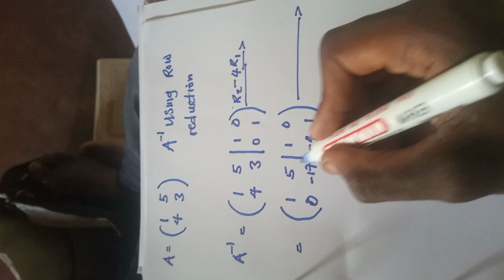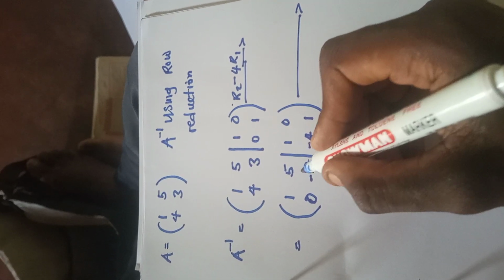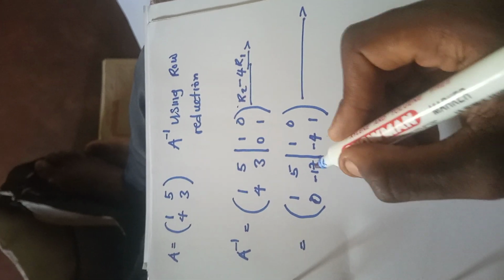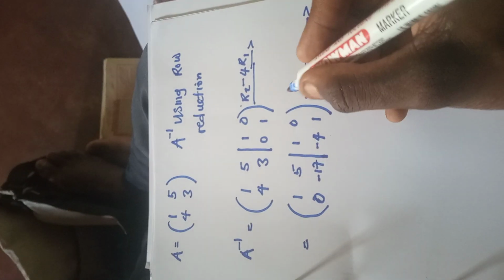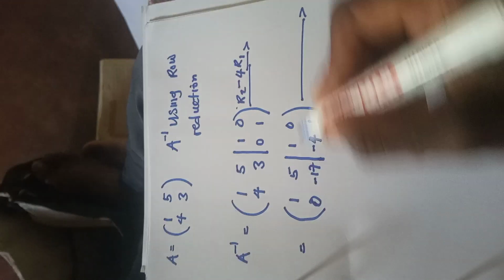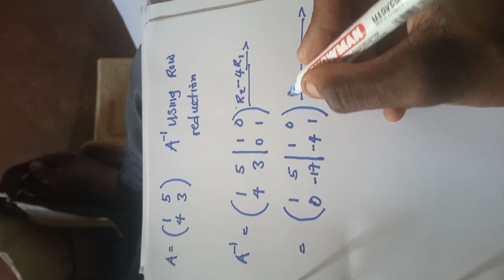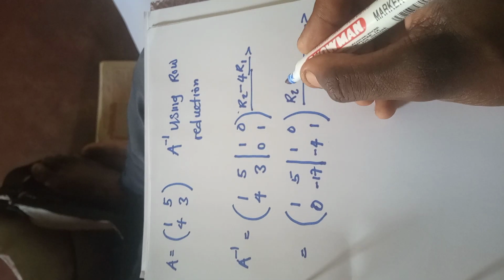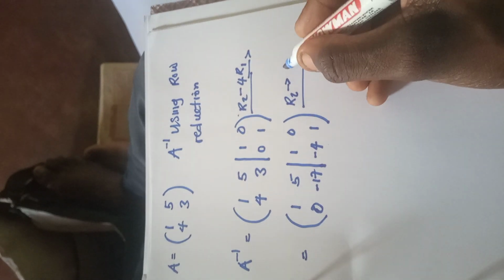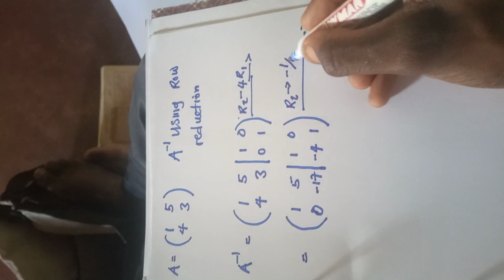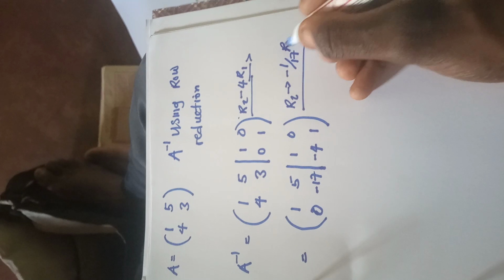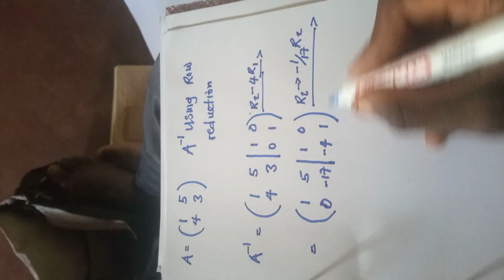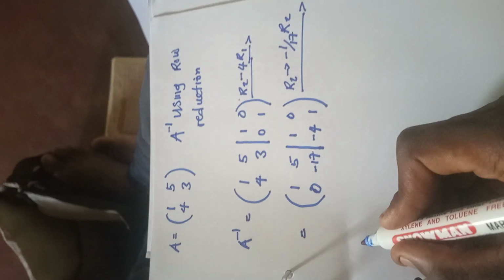Then I need to make this guy 1. So I need to reduce this one as 1 so that I have an identity. So I'll say row 2 operating on, then also negative 1 over 17 multiplied by row 2. So that when I multiply throughout with negative 1 over 17, I'm getting 1.